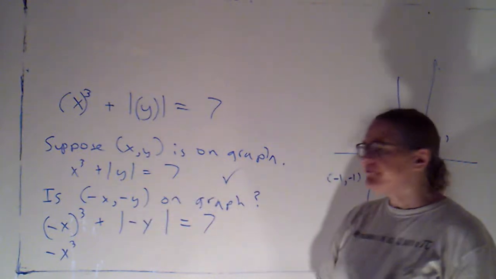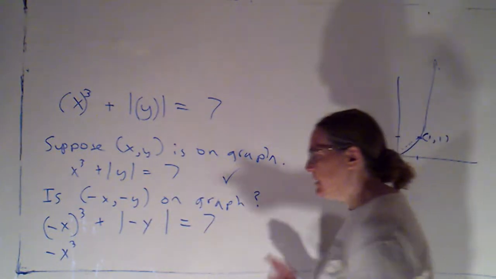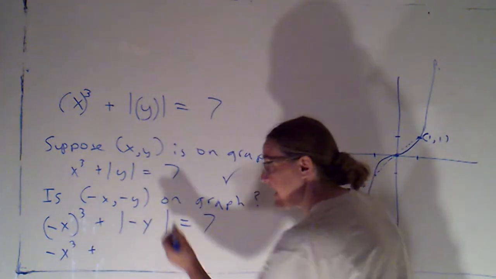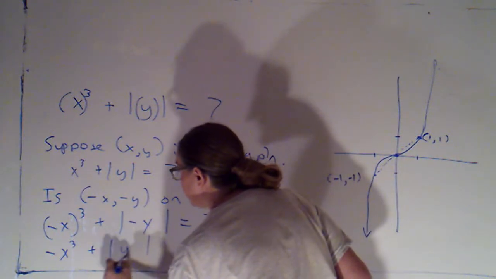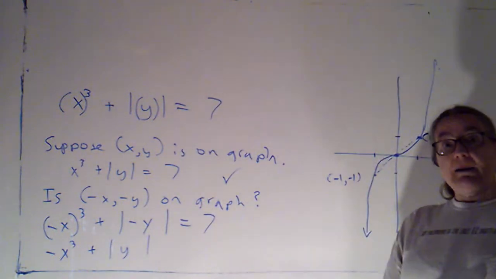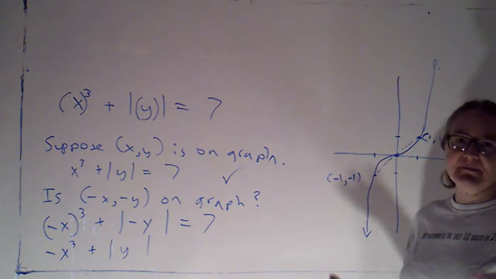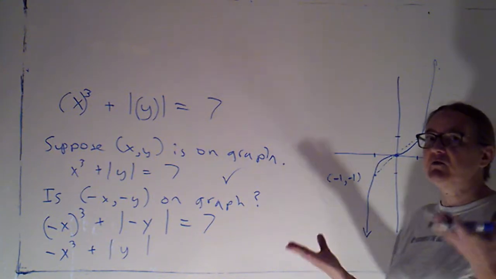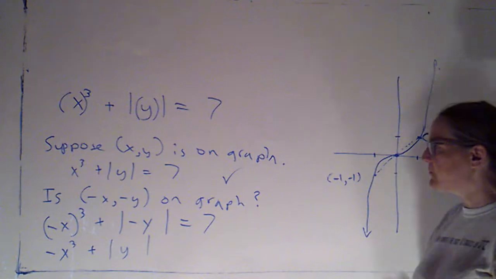Now, what does the absolute value do here? Well, the absolute value is going to get rid of that negative sign. y and the opposite of y have the same absolute value. That's what the absolute value does. It gets rid of negatives.